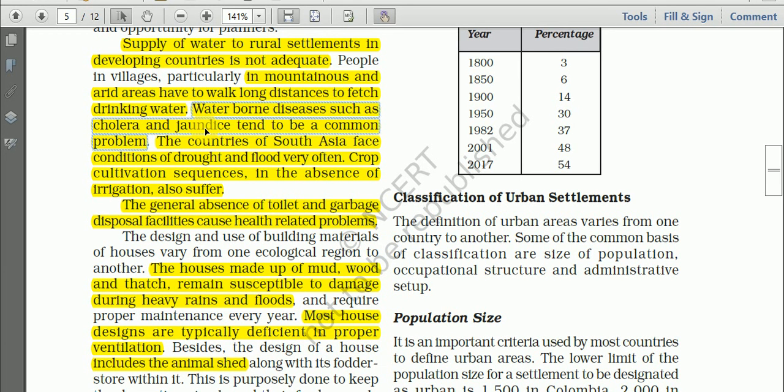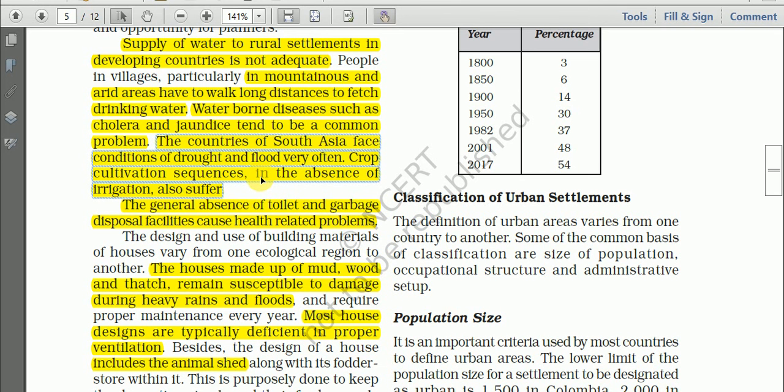And another important problem is here: the countries of South Asia face conditions of drought and flood very often. So especially here in India also, then in Bangladesh, then other South Asian countries, sometimes drought and sometimes flood very often, because we are experiencing this monsoon type of climate.